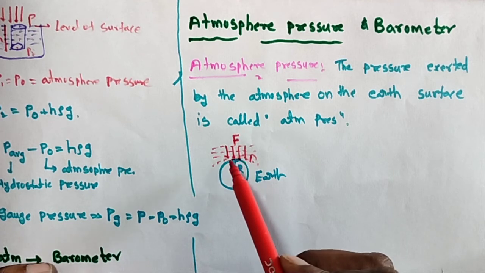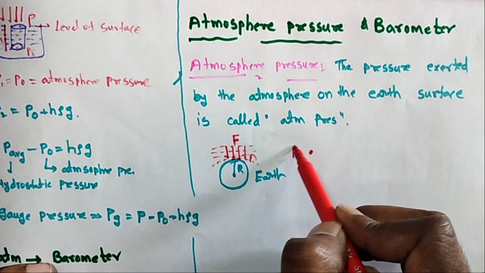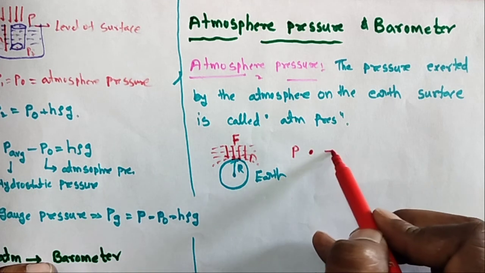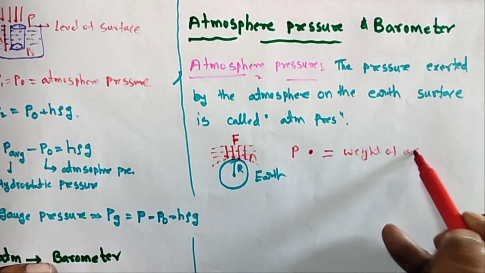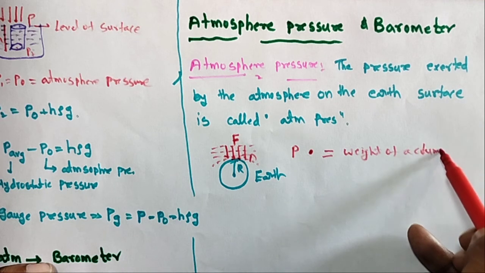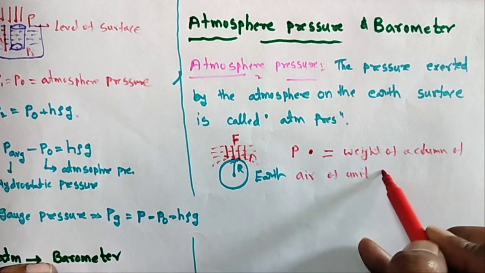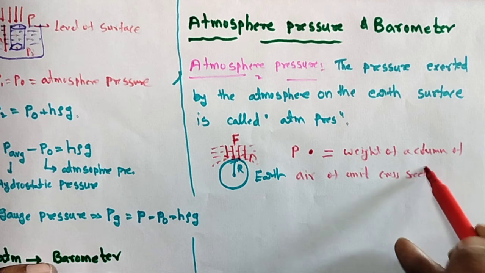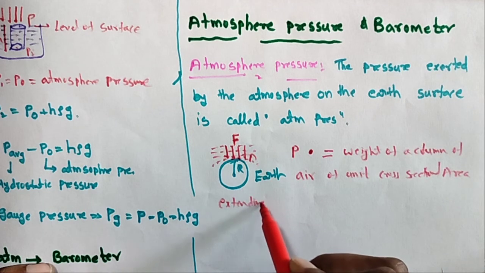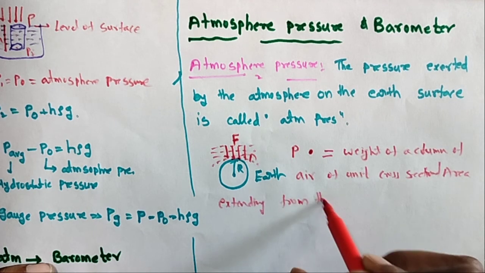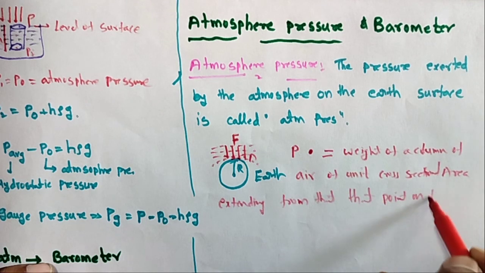So what is the pressure of the atmosphere at any point? The pressure of the atmosphere at any point is equal to the weight of a column of air of unit cross-sectional area extending from that point to the top of the atmosphere.